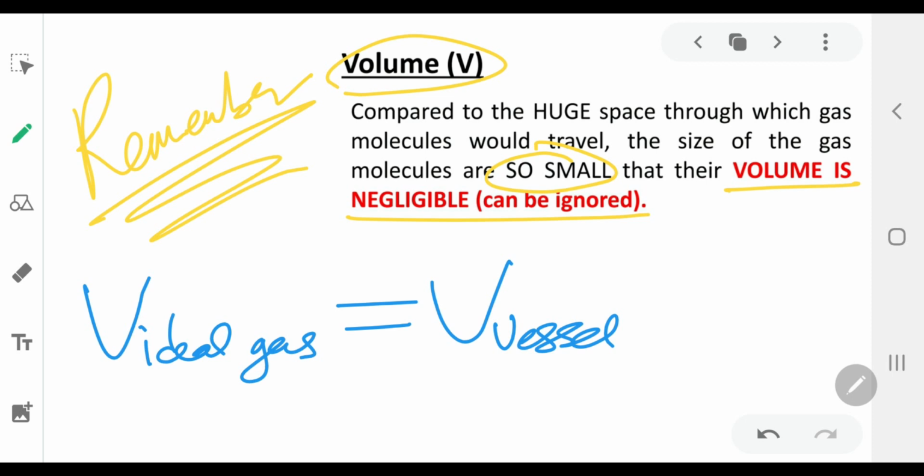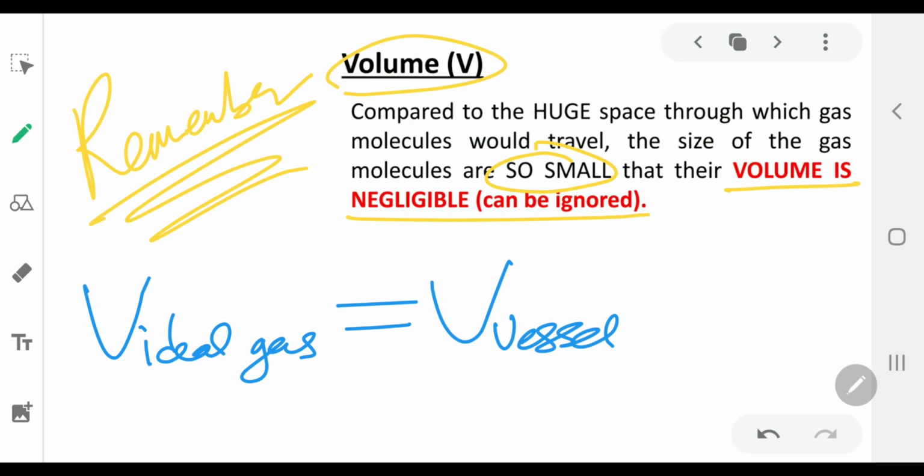So sometimes the questions, they will not tell you the volume of your ideal gas. They're going to tell you that the gas will be filled into a vessel, or will be filled into a container, or will be filled into a flask with volume 1 liter per se.